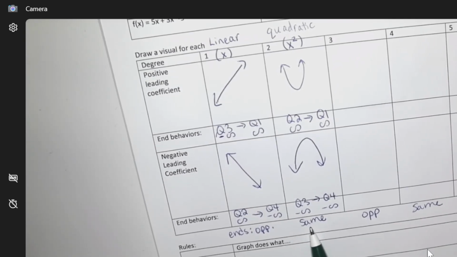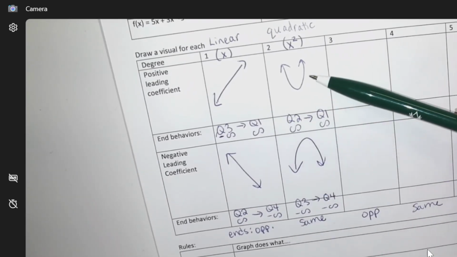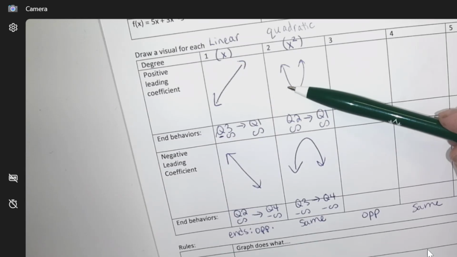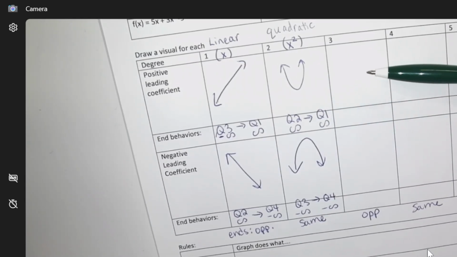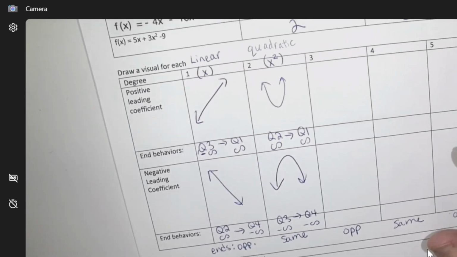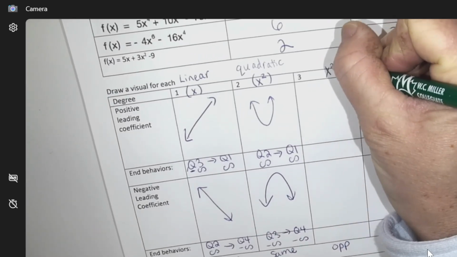Because here, if you square a positive number, it goes positive, and you square a negative number, it goes positive. That's doing the same thing. If you cube a positive number, it's positive, and if you cube a negative number, it's negative. That's opposite. Okay, so the next three are new to you.